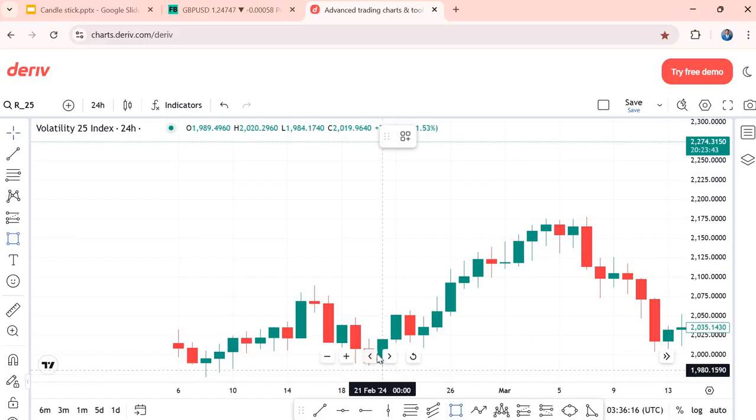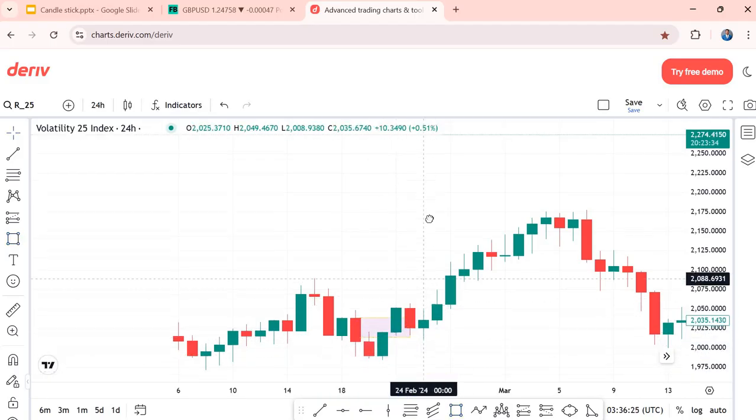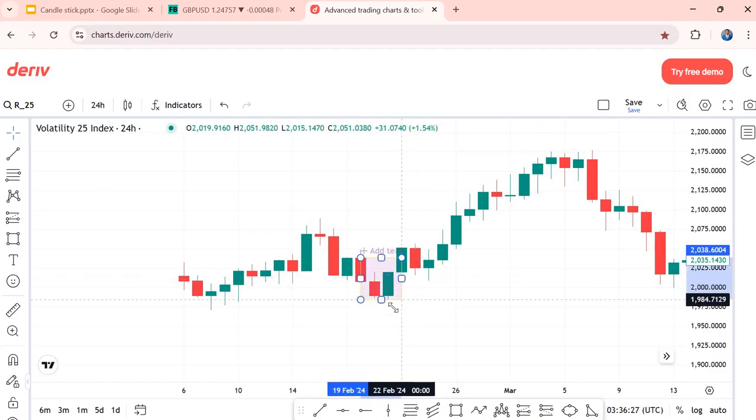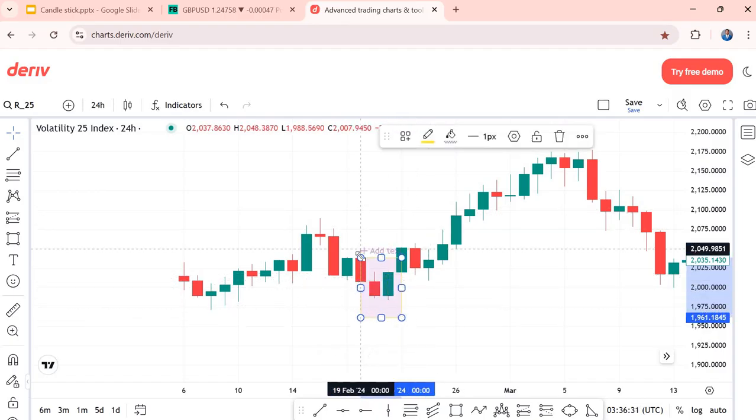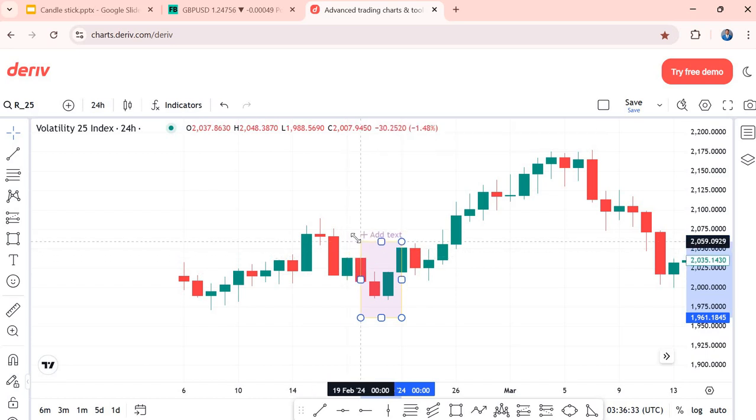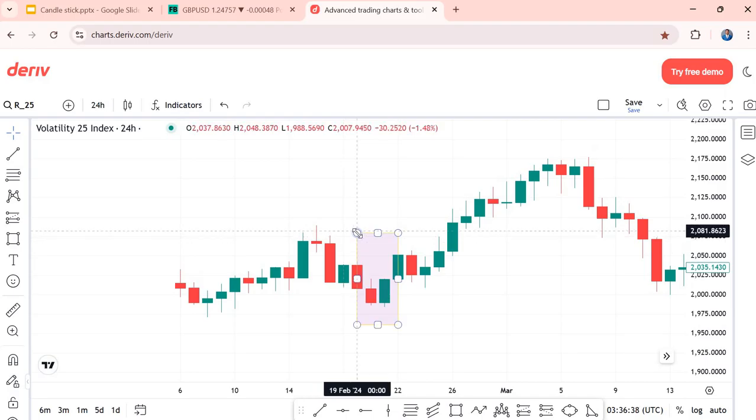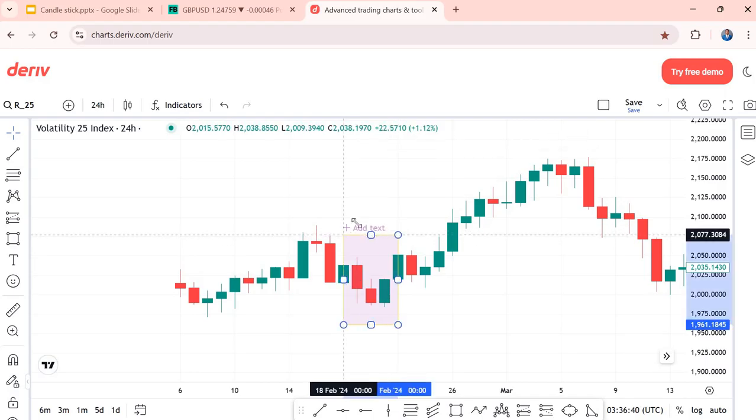I want to make it in such a way that you're going to see these three candles I'm talking about. The three candles in this rectangular box is what I'm talking about.